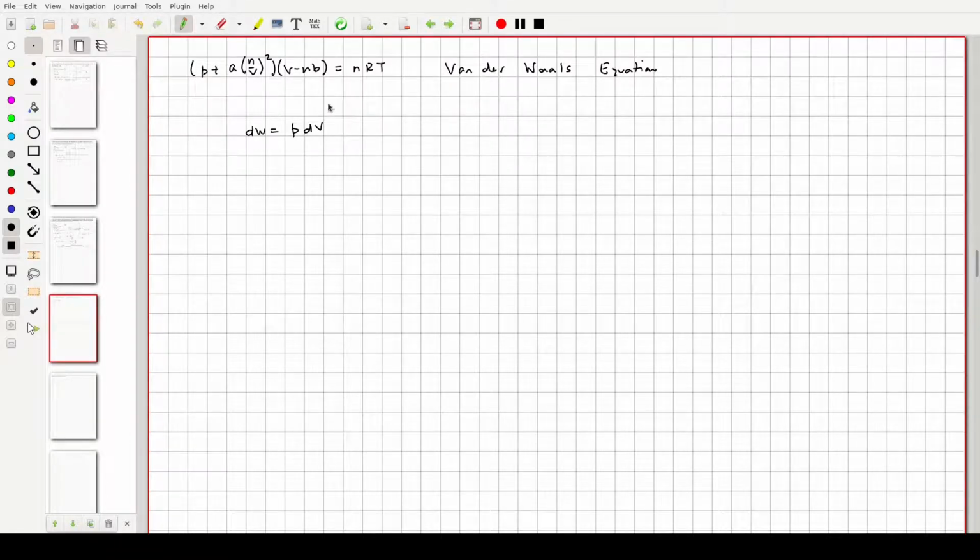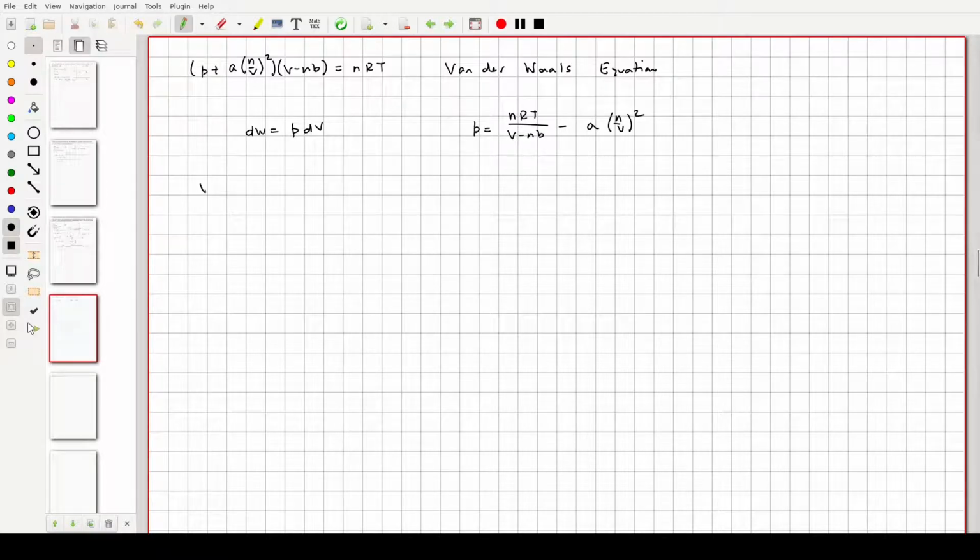So the first thing I'm going to do is to move this to the right-hand side in the denominator. And then I can move this over here to the right-hand side. When I do it, your pressure ends up being nRT over V minus nb, minus a n squared over V squared.